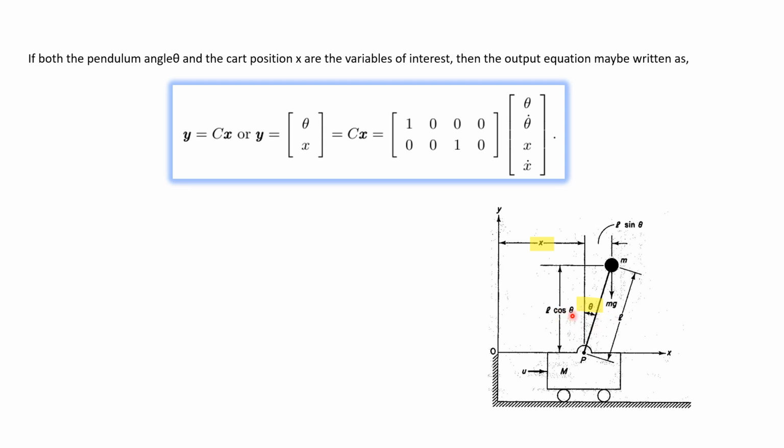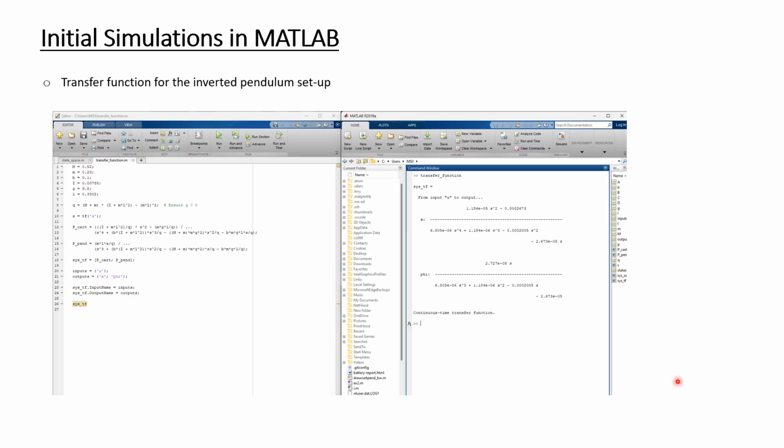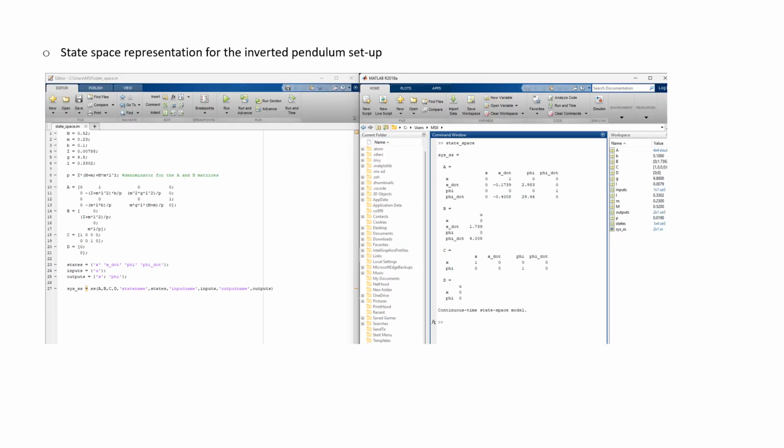Now that the math is almost done, the next step is testing and refining it using MATLAB simulations. Before touching any real hardware, I ran simulations in MATLAB to test my controllers. First, I created a transfer function of the system.